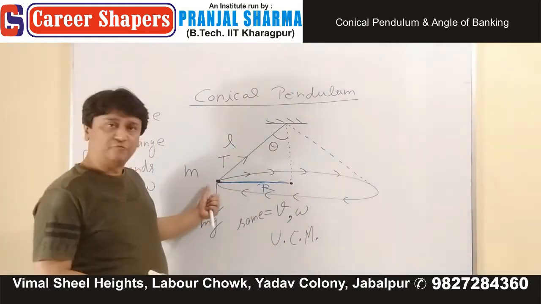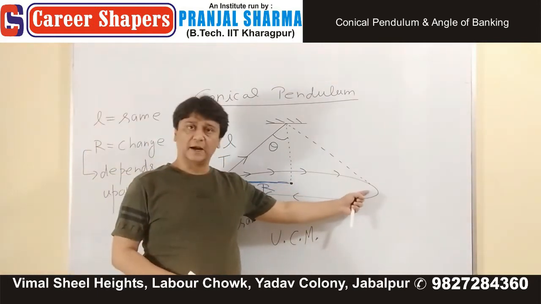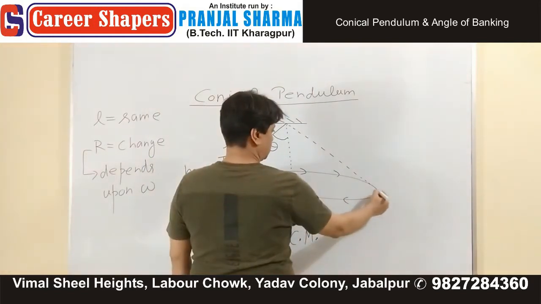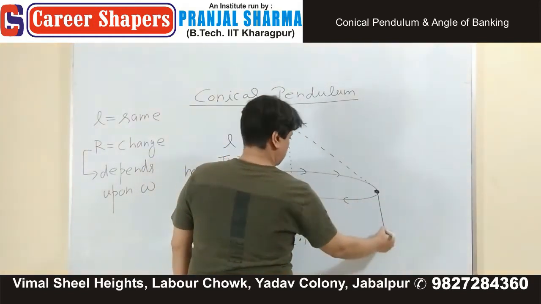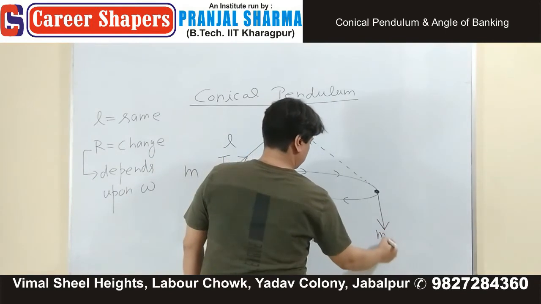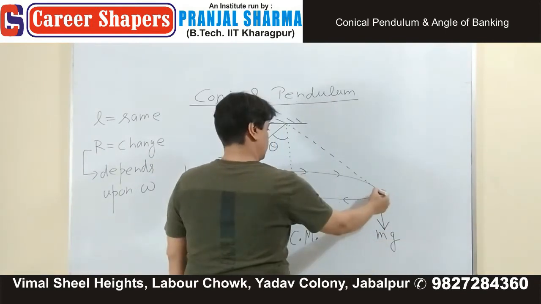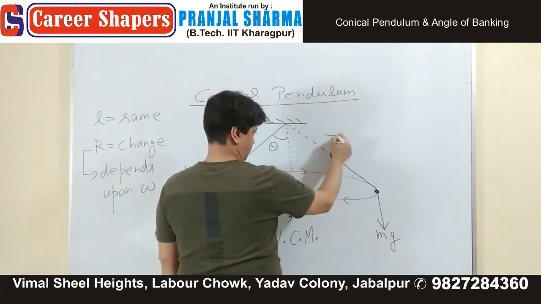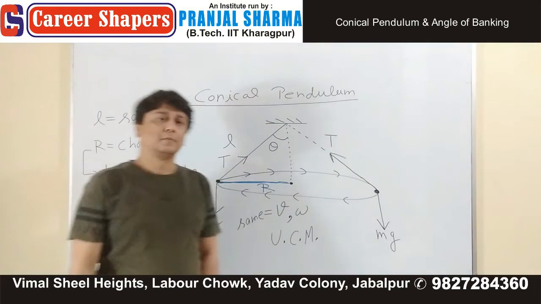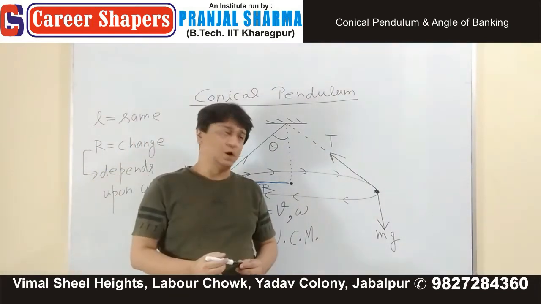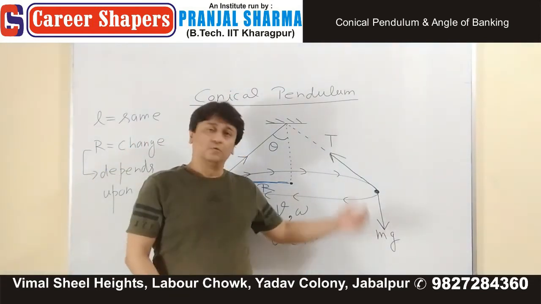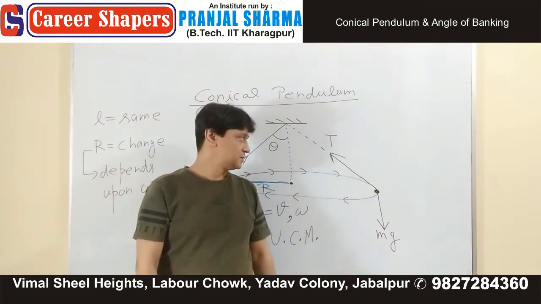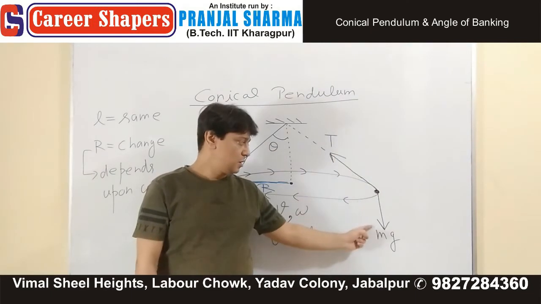I will draw the same free body diagram right here at this point. So this is your object. Downward force is mg. This is the tension force T. Now my question is, which force should be resolved into its components, T or mg?